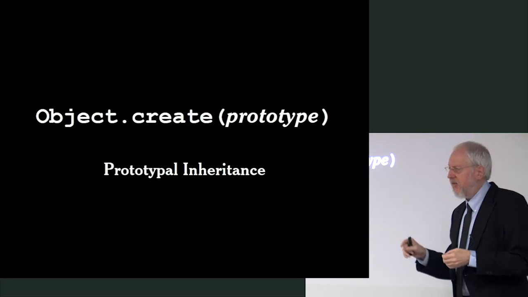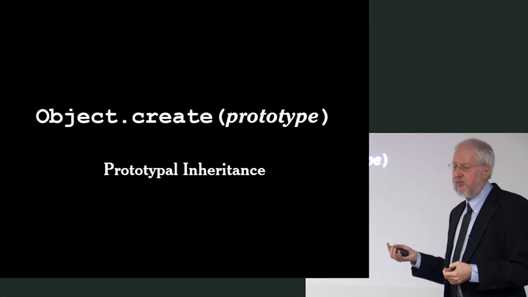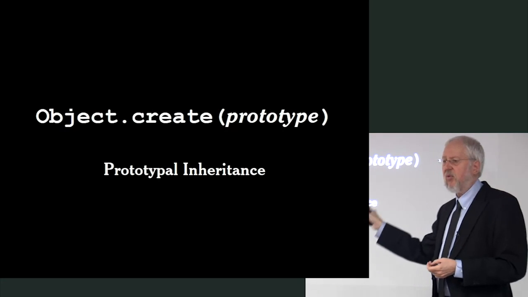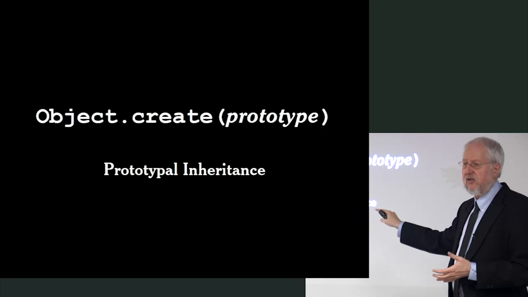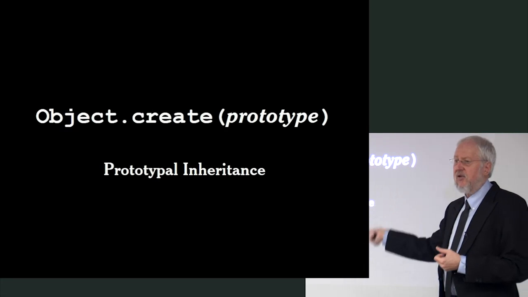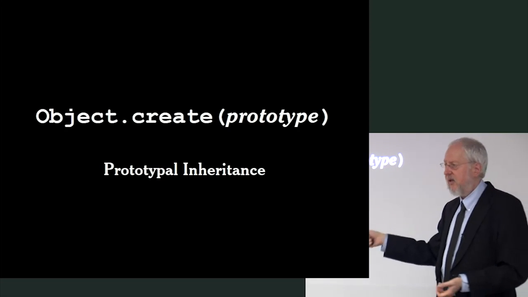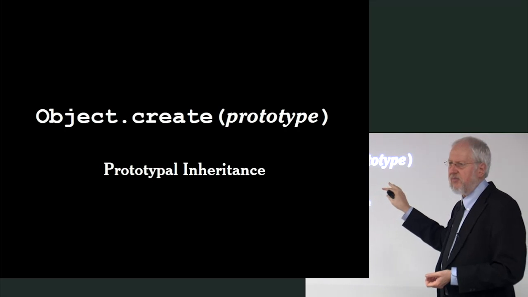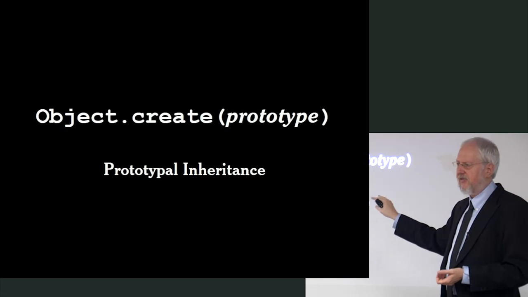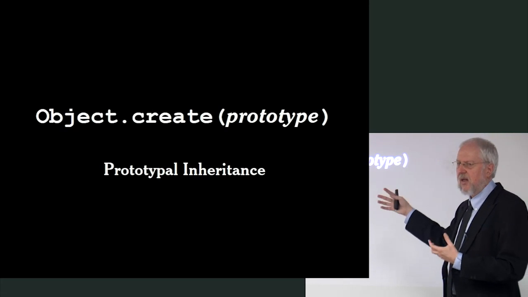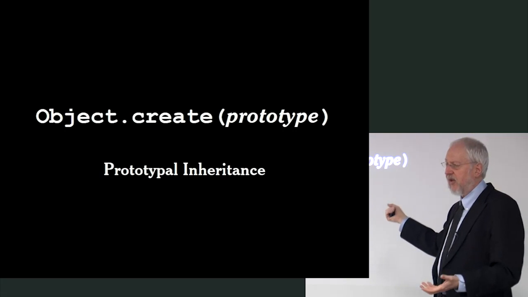The primitive in JavaScript for making a new object is Object.create, where we pass it an object, which unfortunately is called a prototype, and we make a new object that inherits from the old one. The word prototype here is problematic because it's so overloaded. All it means is this is the object that we want to inherit from.